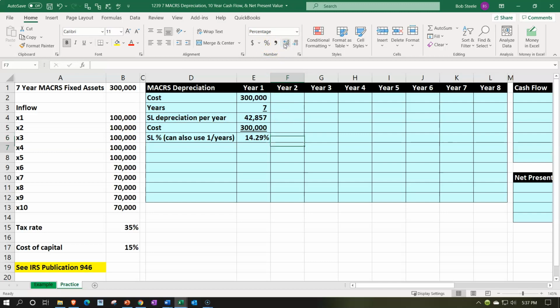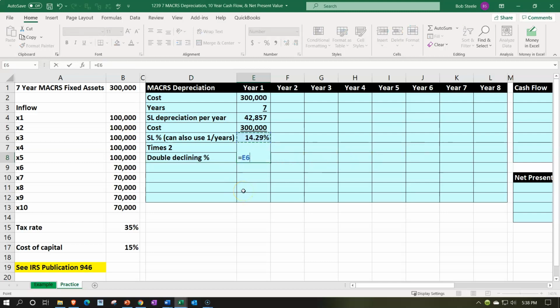Then, once we have that percent, we're going to say times 2, because it's double declining. This is the double times 2. This is the double declining component, that 2 in it. Hence, double declining balance. That's going to give us the double declining percent, the double D percent. Sometimes you'll see it referred to as 2 capital D's, double D percent.